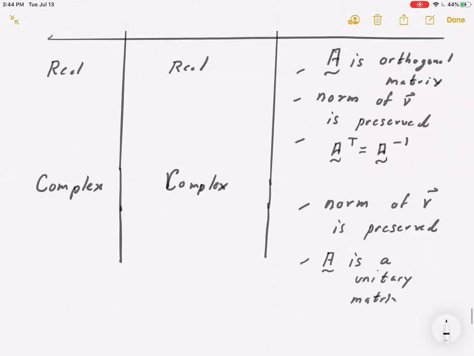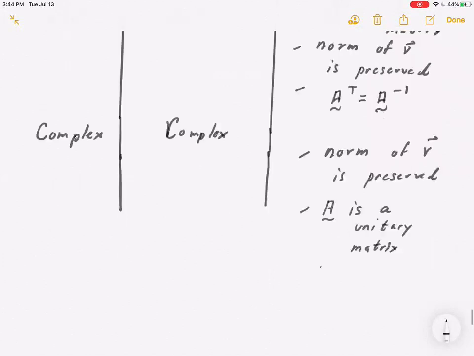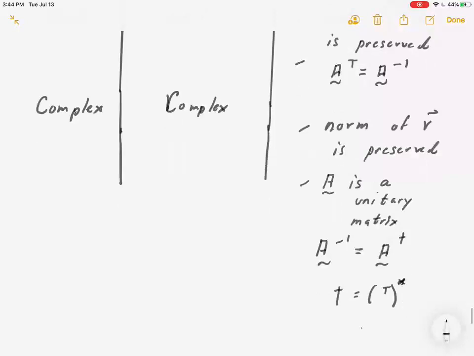What that means is the inverse of A has to be equal to its Hermitian conjugate, where this is just transpose and complex conjugate, or complex conjugate and then transpose. Doesn't matter which one you do.